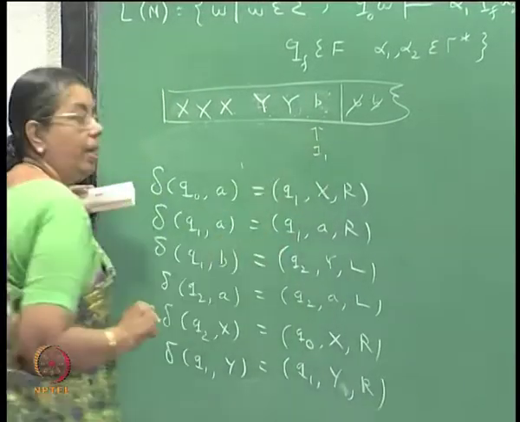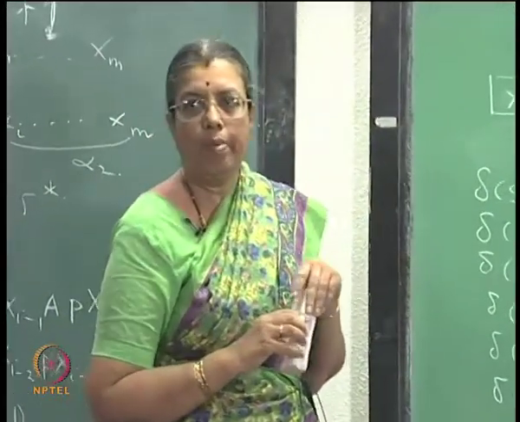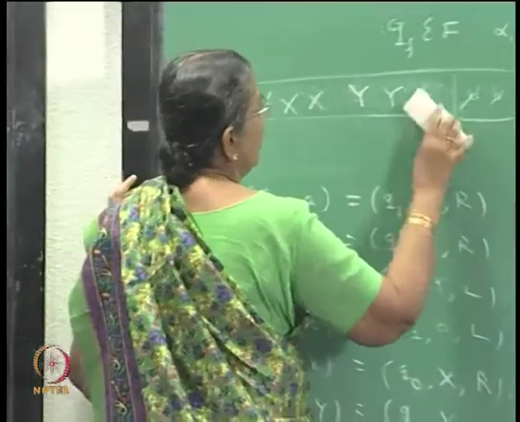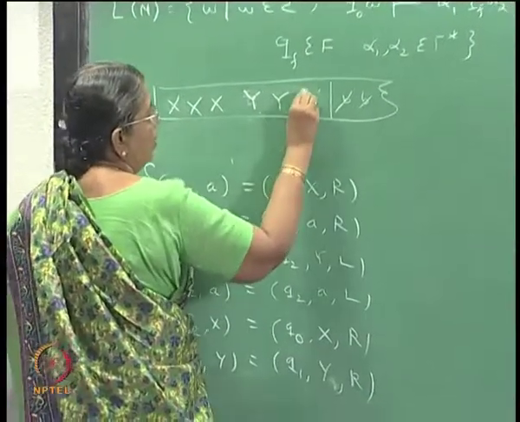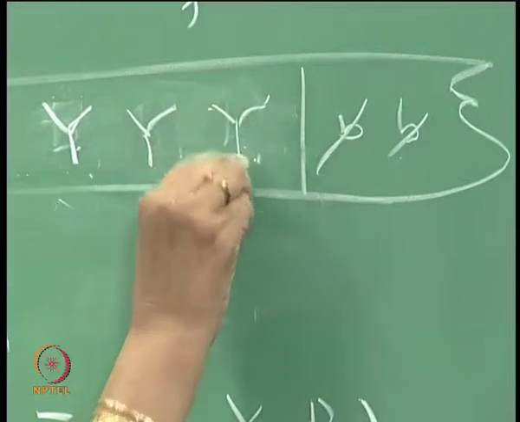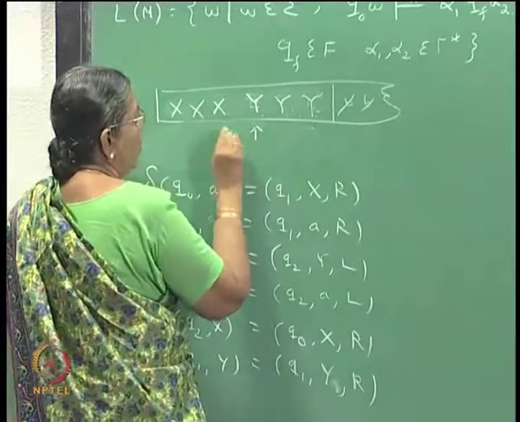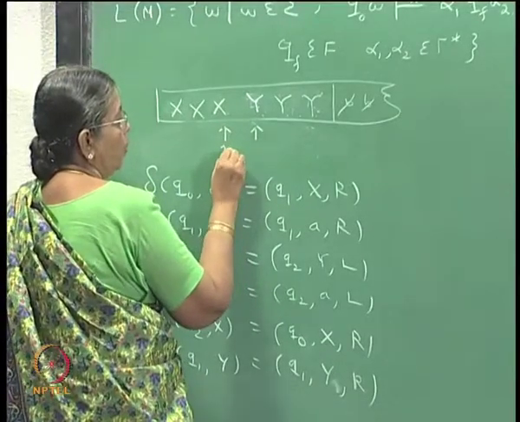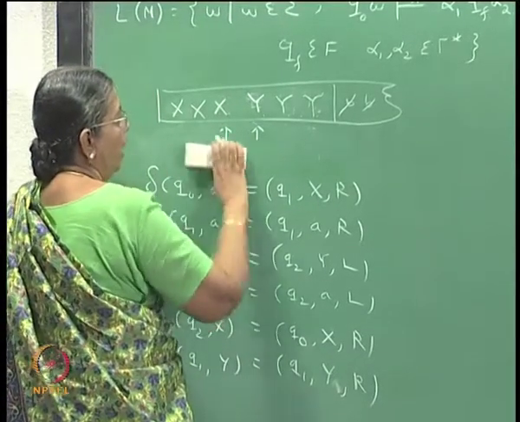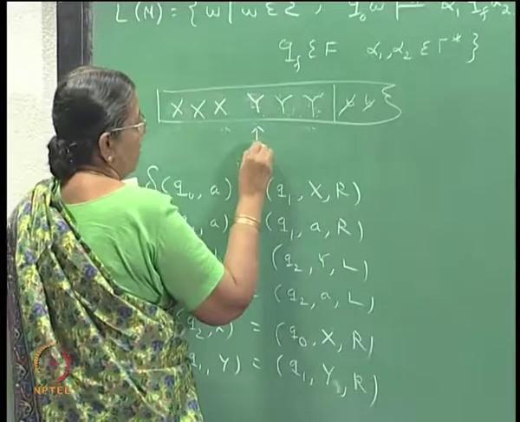In Q1 when it sees a B, it will change that into a Y and come back here in Q2 and then move right in state Q naught.